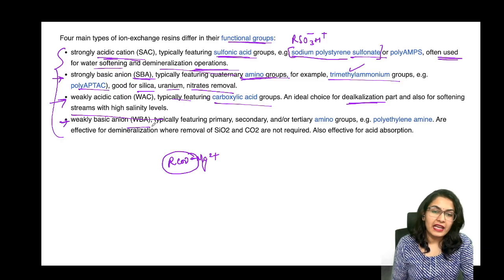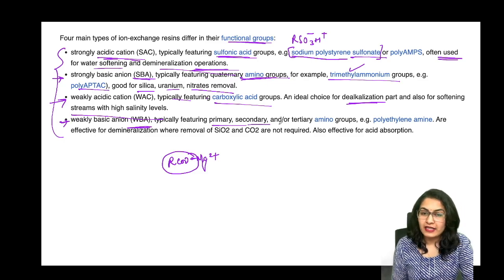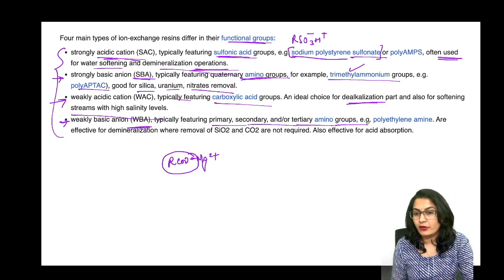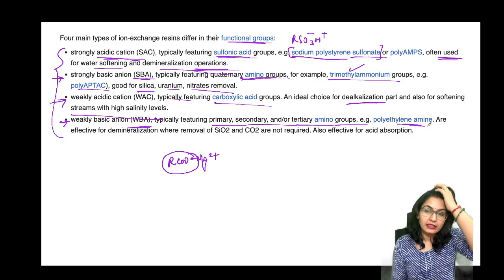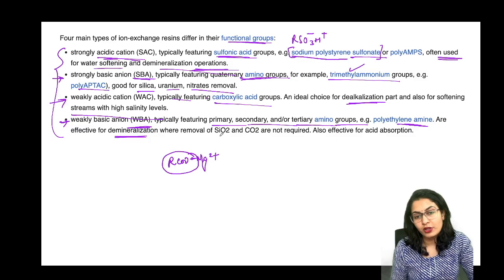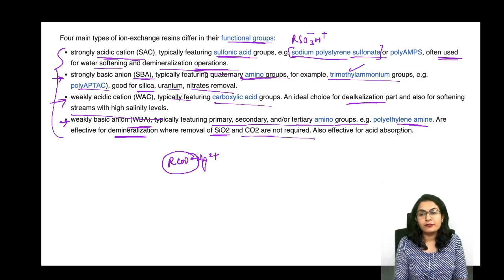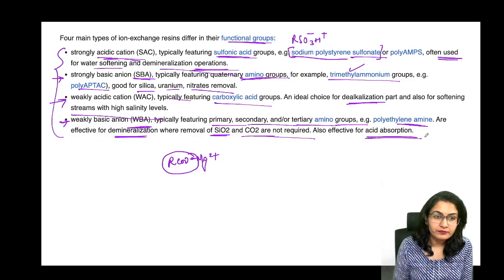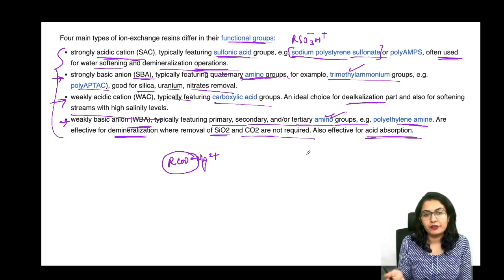Weakly basic anion, typically featuring primary, secondary and tertiary amino groups. Example, polyethylene amine, effective for demineralization where removal of SiO2 and CO2 is not required. Also effective for acid absorption. When we are using the amino group, there is a different process.